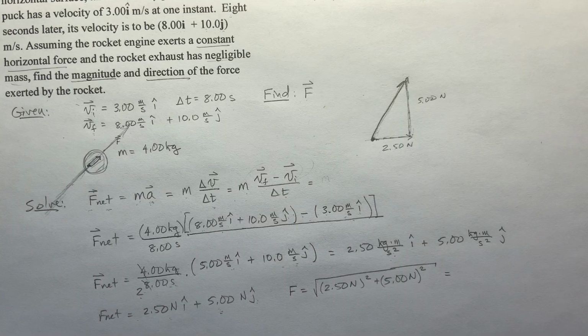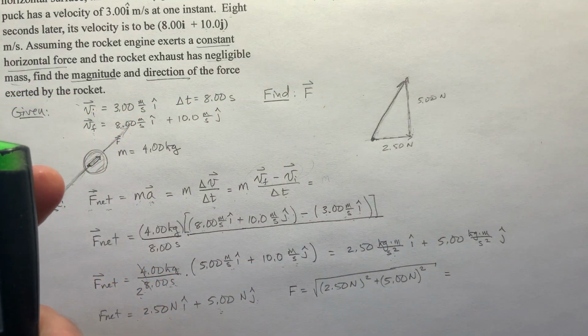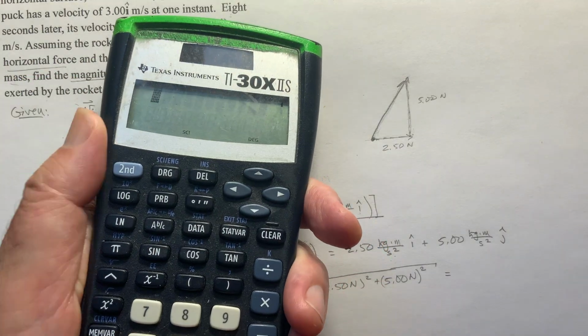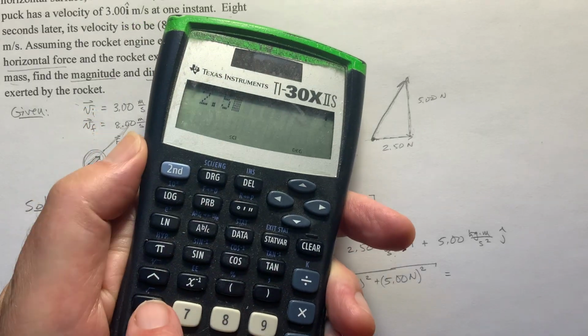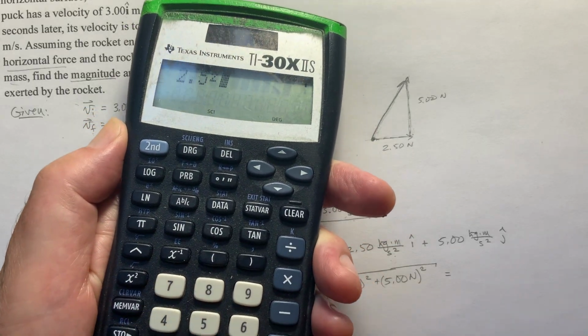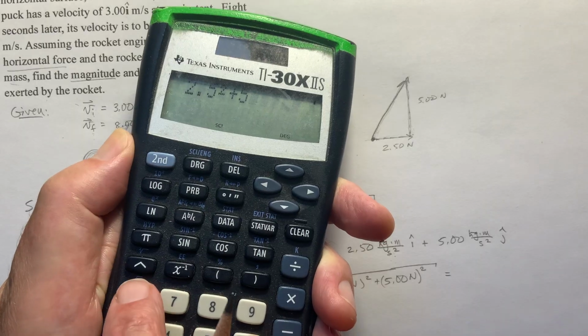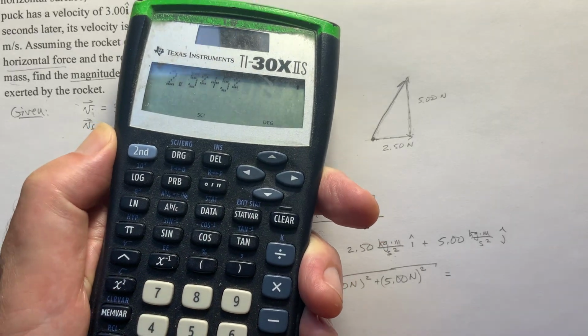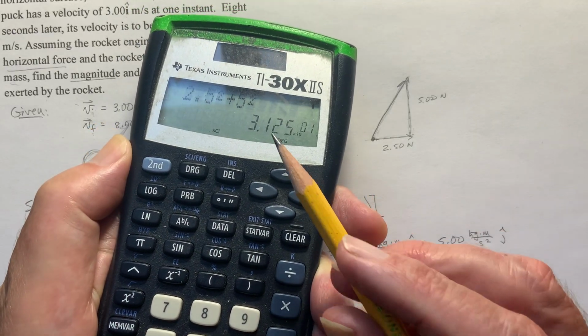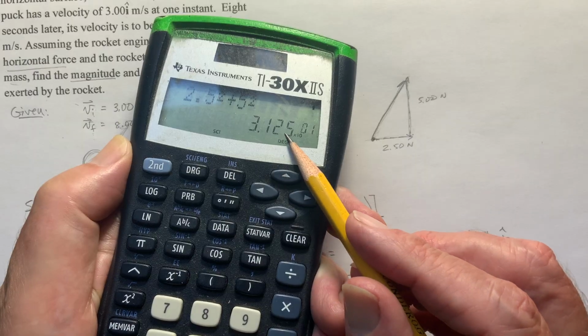And when we do this, let's do it. So we have 2.5 squared, there's my square button, plus 5 squared equals. Now, don't forget to take the square root of the answer.